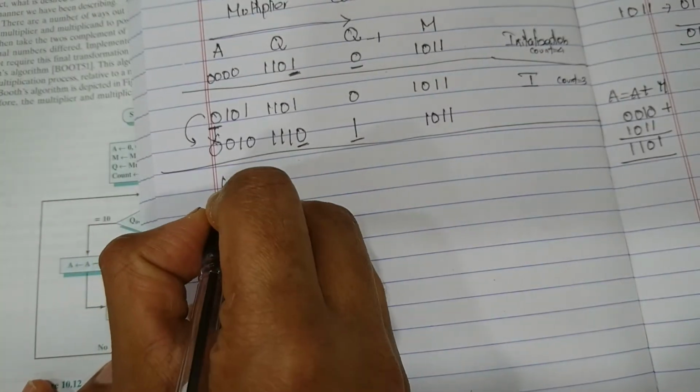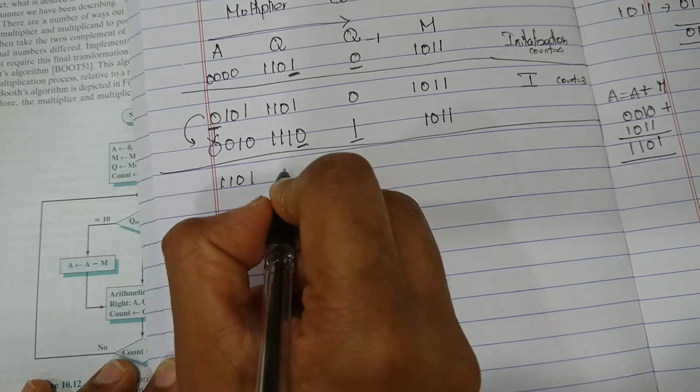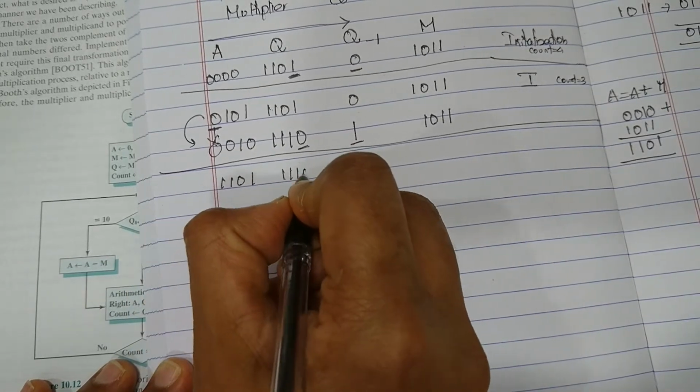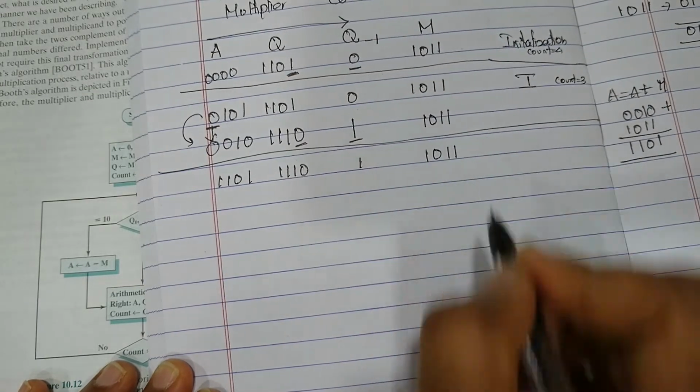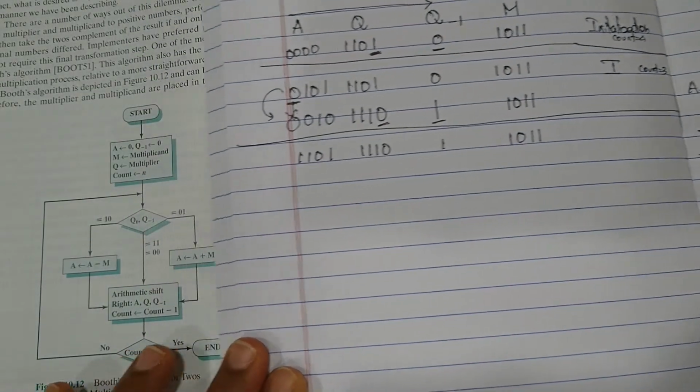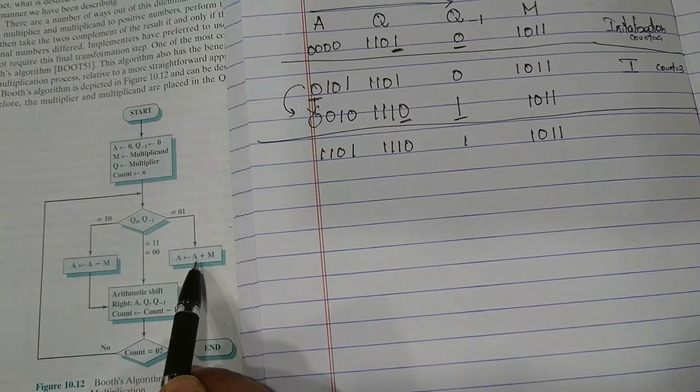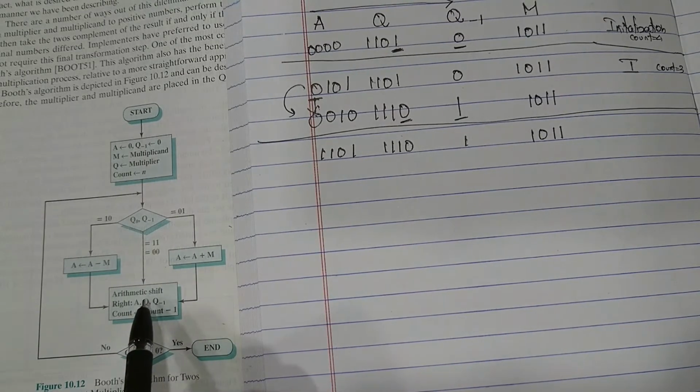So let me write it. 1, 1, 0, 1. Q, let me write the Q as it is. Q minus 1. And like this. Now I'm going to do the arithmetic shift. After you finish the add, you come here, do the arithmetic shift and then decrement the counter.